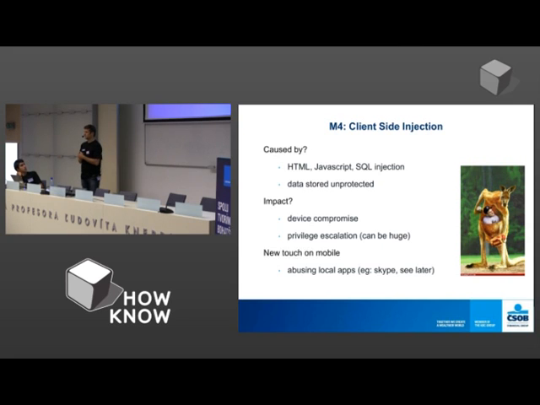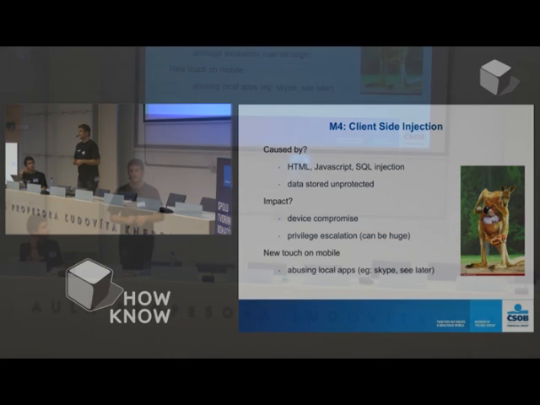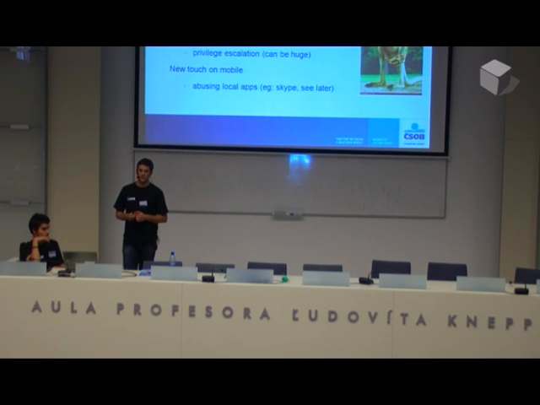Risk number 4, client-side injection. That's not new. That's also something we already know for 25 years. It existed on web applications, but it also exists in mobile applications. In mobile applications, and a lot of people underestimate this, I can have exactly the same. I can also enter a SQL statement, or with hybrid applications, which are a combination of a native app and HTML technology, enter HTML code or JavaScript or whatever script.